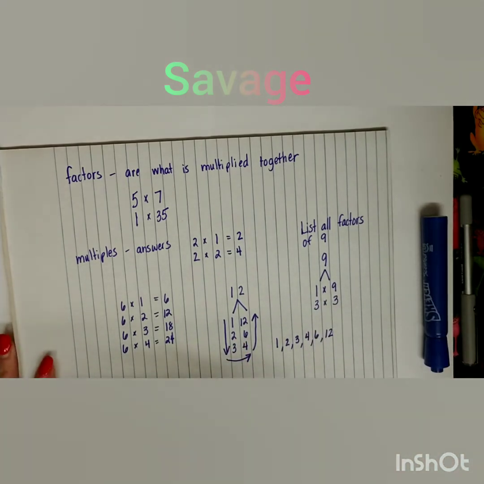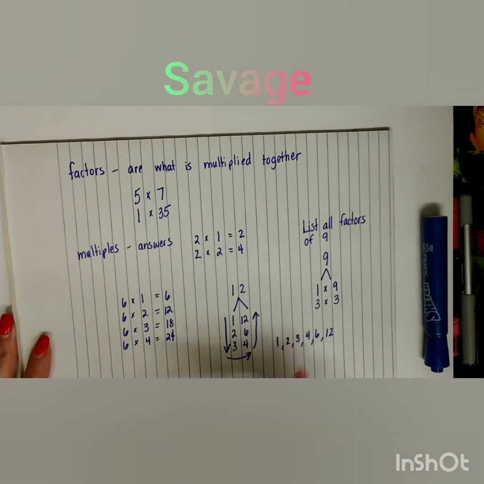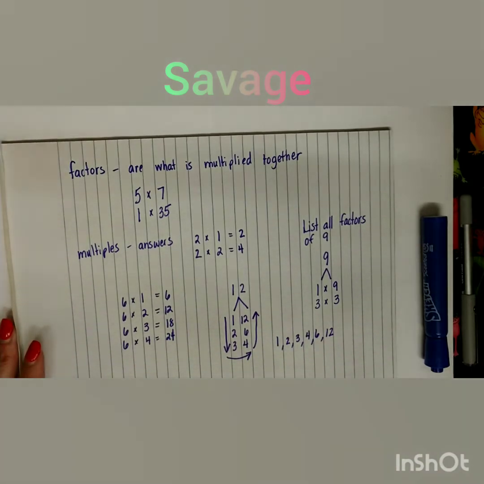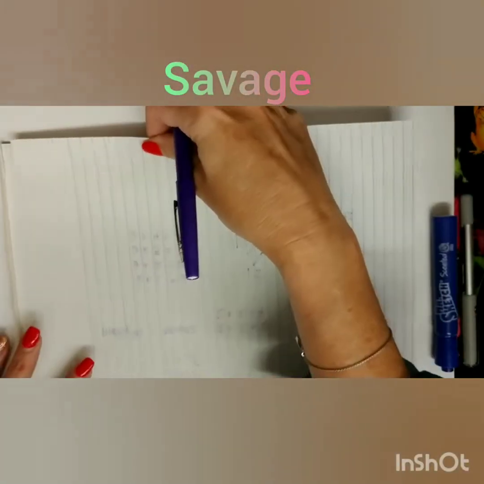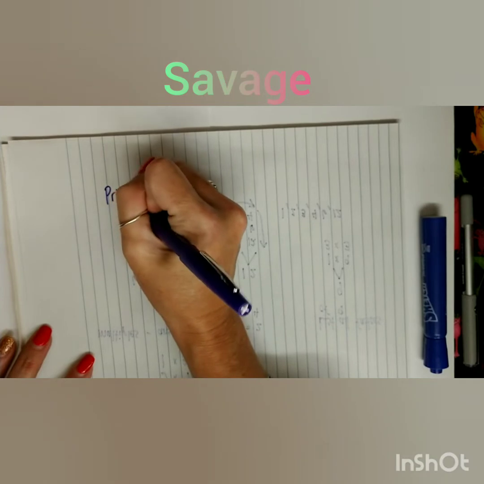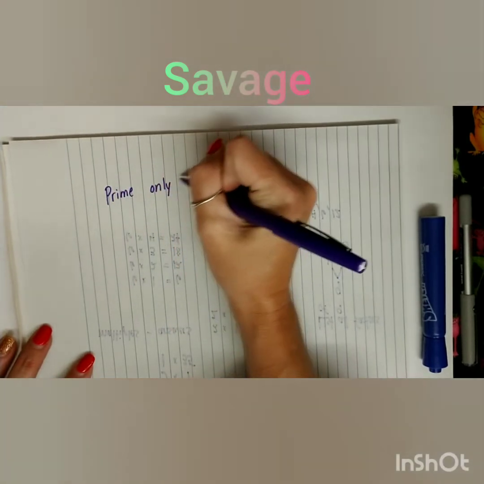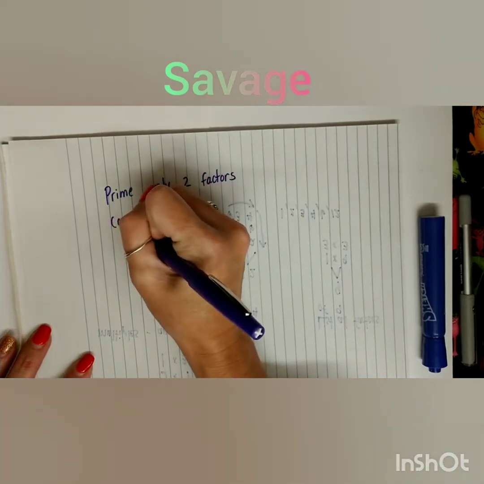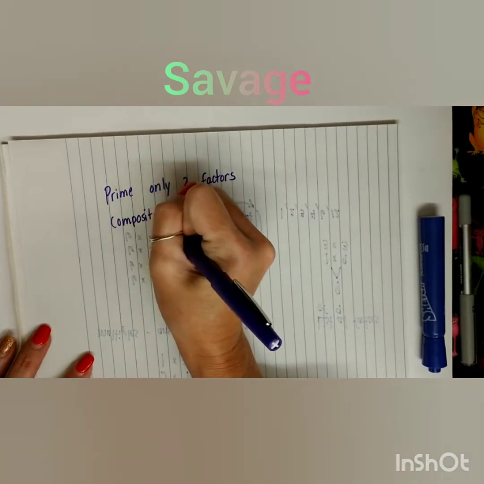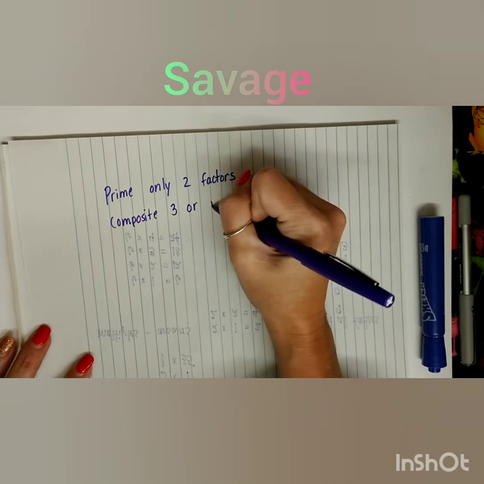All right, so prime and composite go right along with factors and multiples. Prime numbers have only 2 factors. Composite numbers have 3 or more.